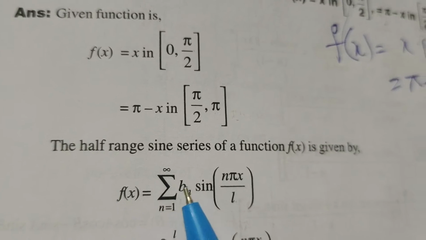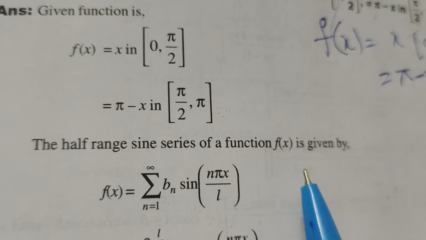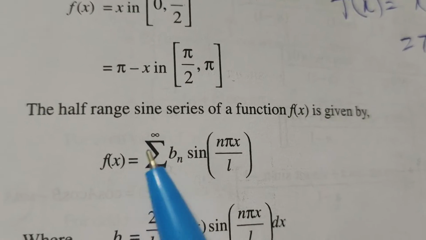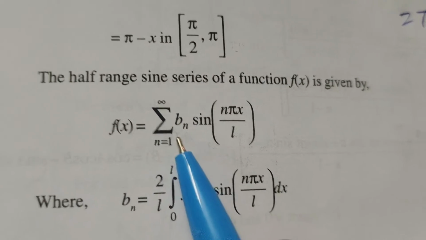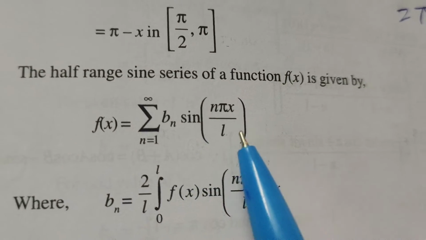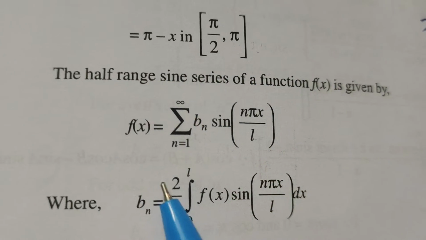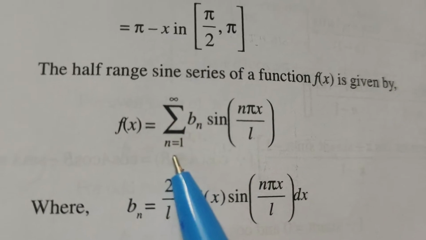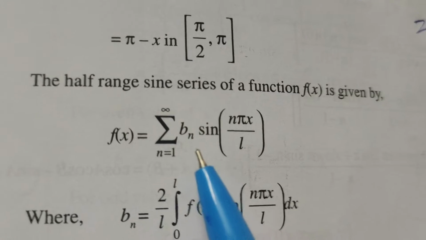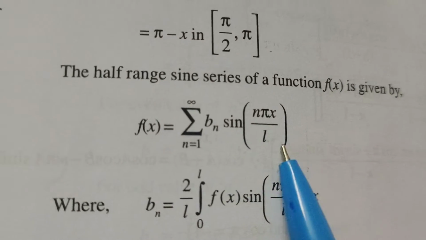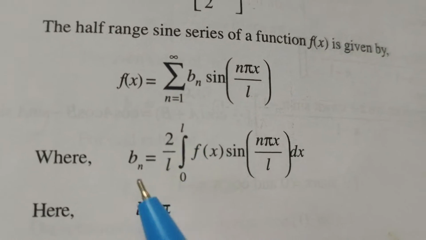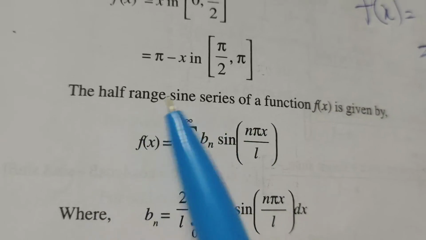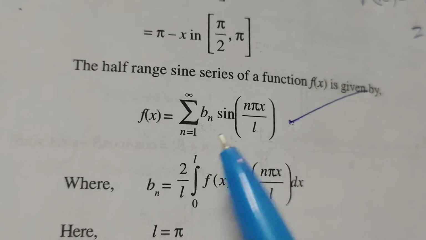The half range sine series of function f(x) is given by f(x) = Σ from n = 1 to infinity of bn sin(nπx/L), or otherwise read as f(x) = summation over n = 1 to infinity of bn sin(nπx/L). This is the Fourier half range sine series expansion.